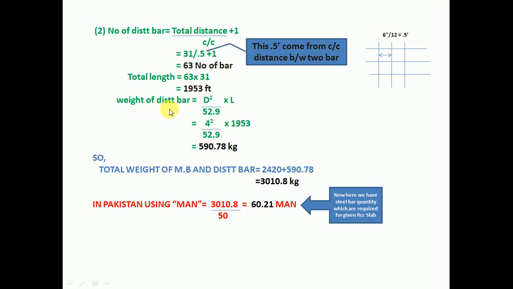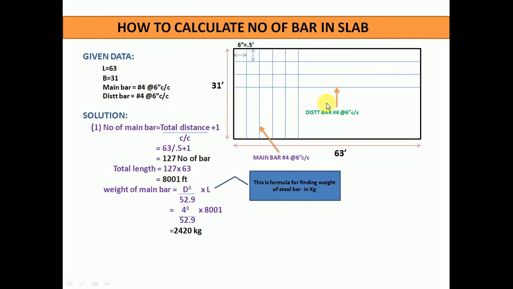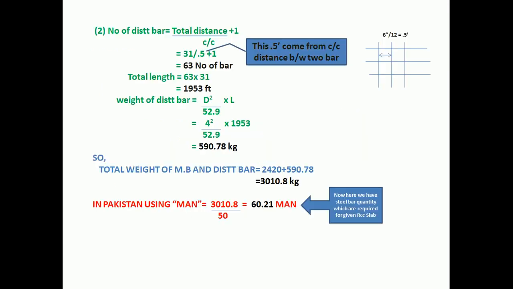Weight of distributed bar. Here we have the same formula which we used for main bars: d square divided by 52.9 multiplied by L. So here we also use number 4 bars, the same as the main bar.